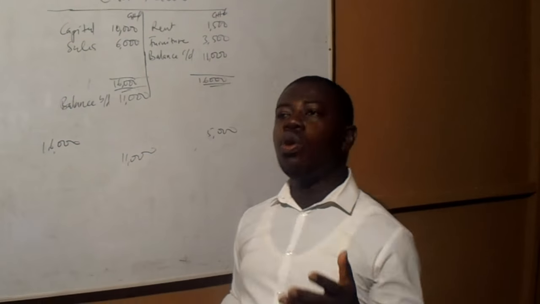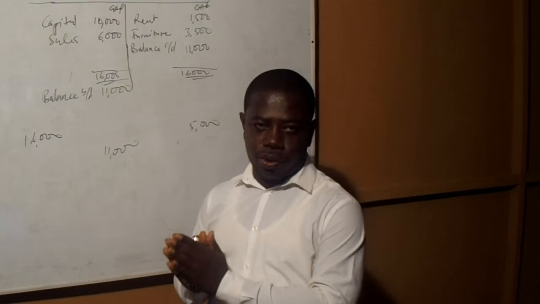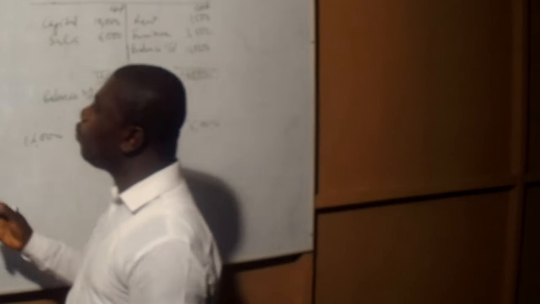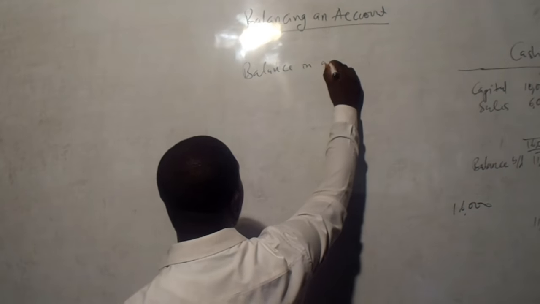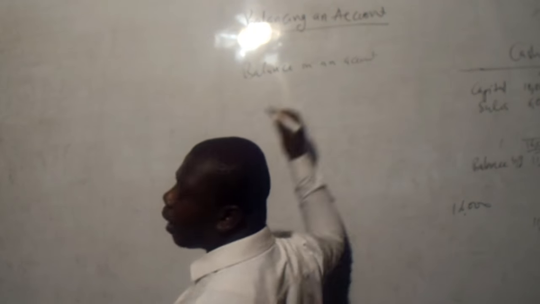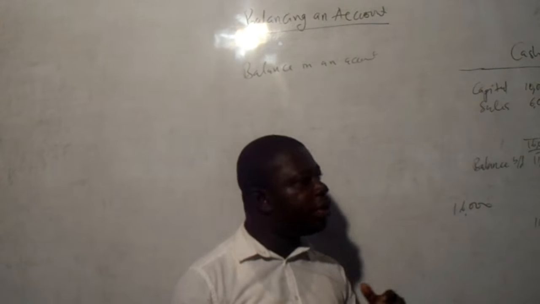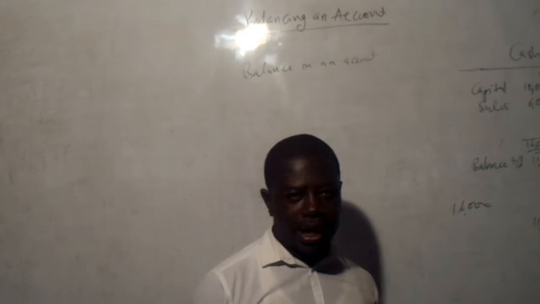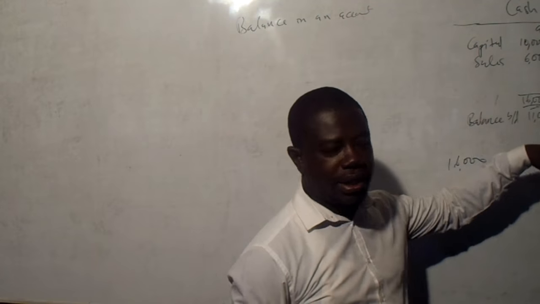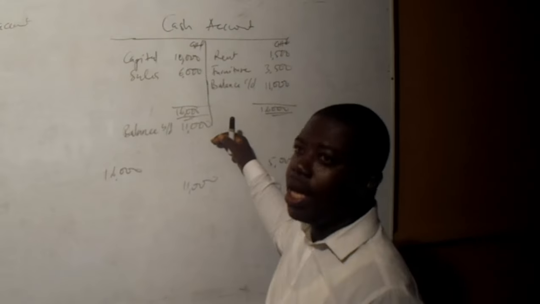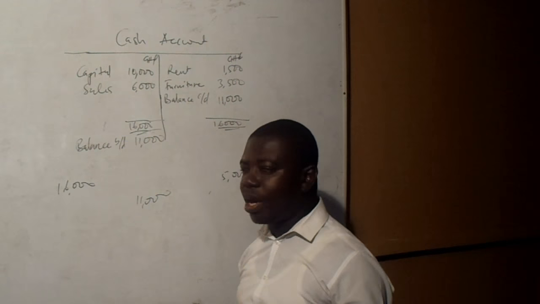Then we also have something called a balance on an account. Now let me explain what we mean by balance on an account. A balance is simply the difference between the debit and credit side. So when the debit side is more than the credit side, for example, this 11,000 here is the balance on the account, and then we have balance carried down and balance brought down.